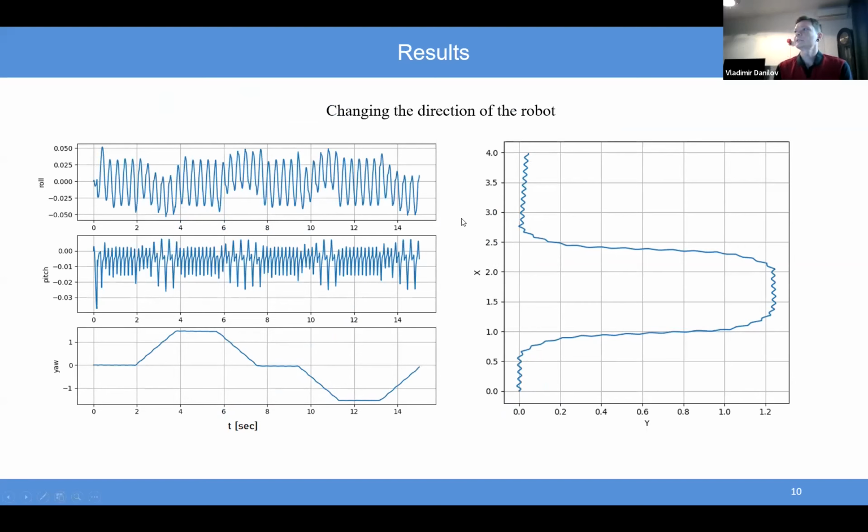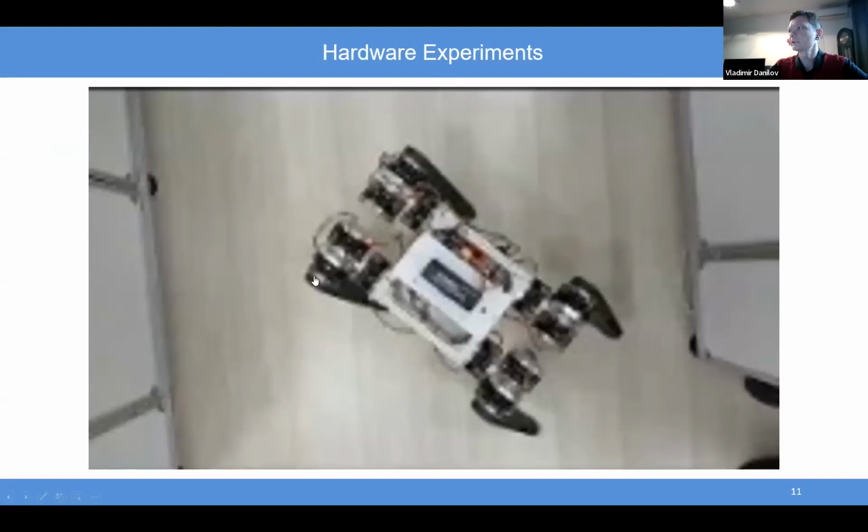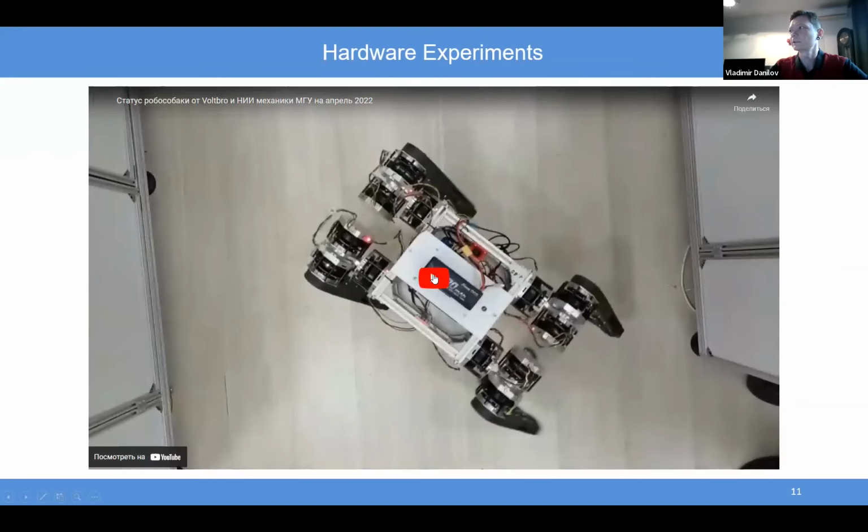Here are the plots for changing the direction of the robot. And as you can see, it managed with such movements. And at the end, let me show you the tests in hardware.